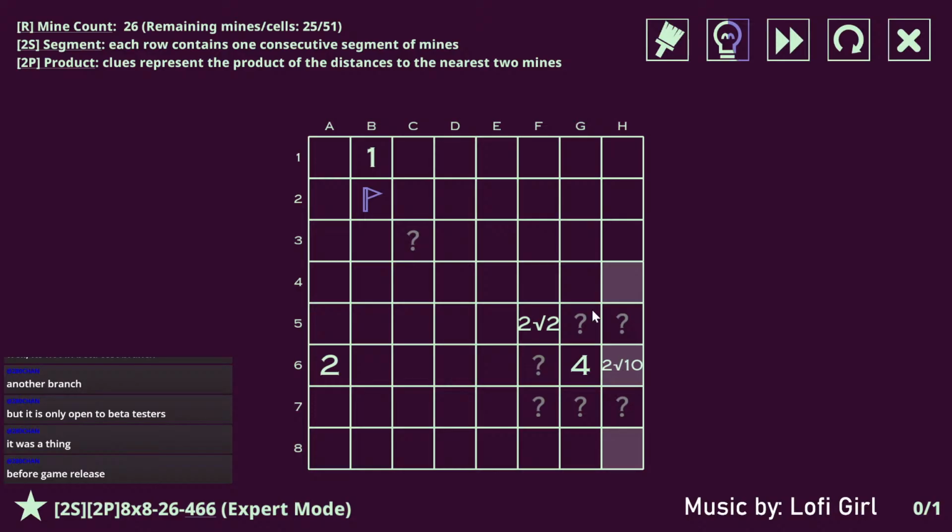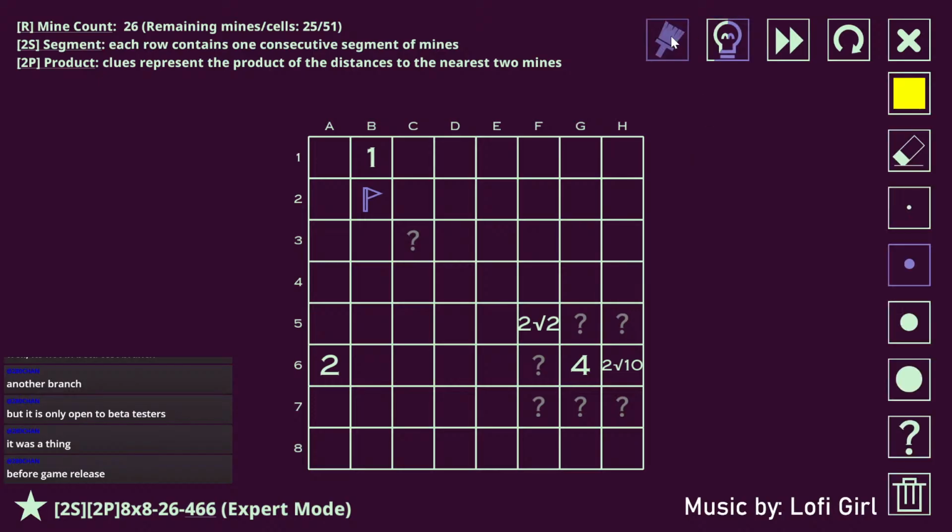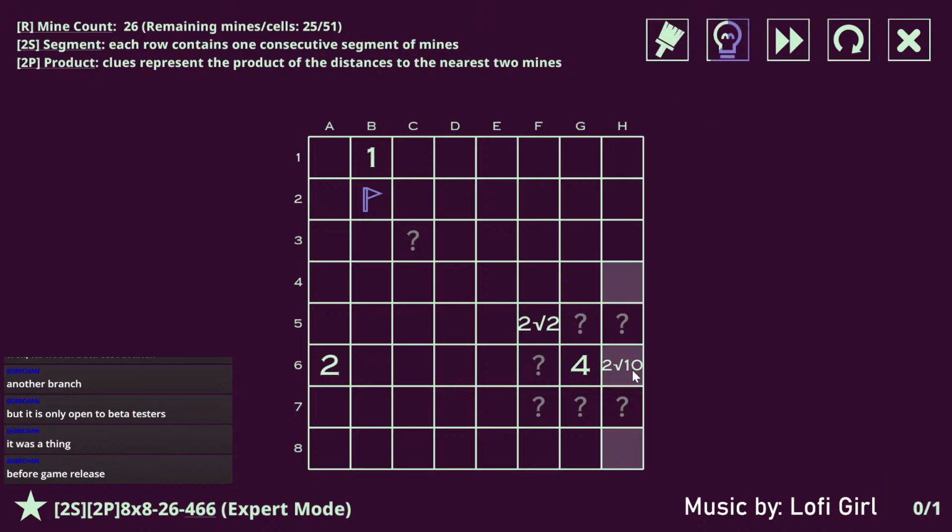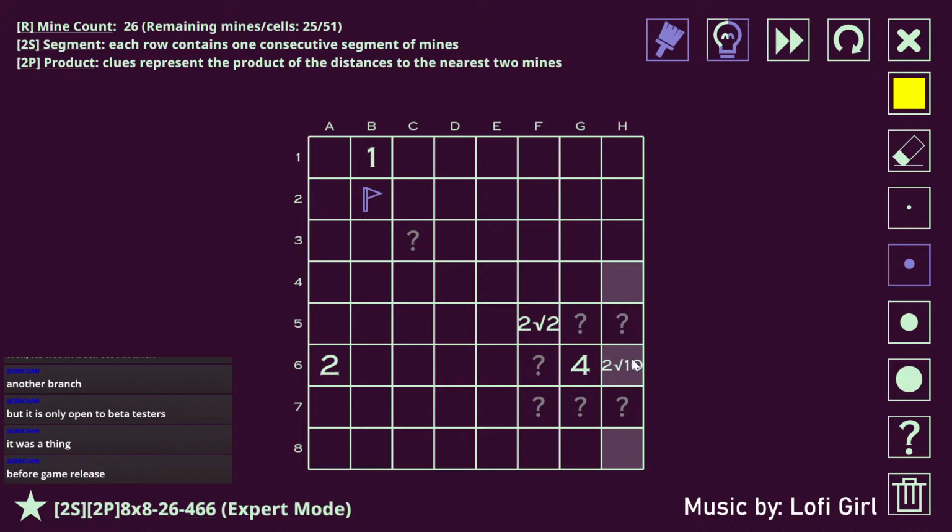It could be 4 by root 5. Yeah, it could. But honestly, I have no idea. I don't know how segment and product are supposed to work together. Like this again could be 2 by root 10.